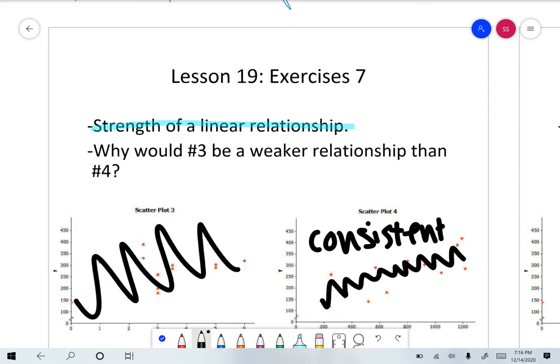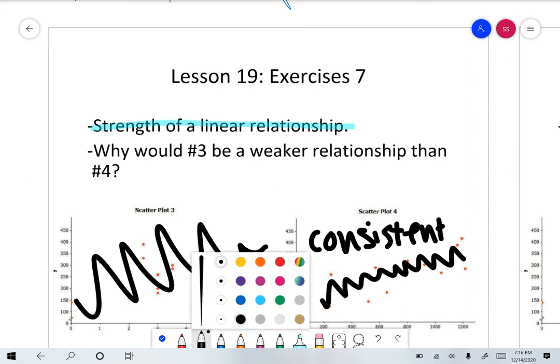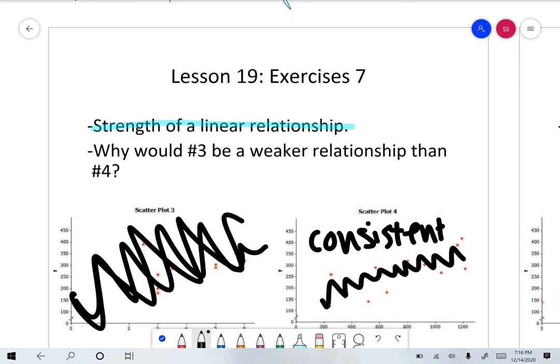Whereas if stuff is more spread out and random, it's not going to be very helpful. It'd be like if there's a claim that if you eat chocolate before a test, your test scores are going to be better. If the data was all over the place like this, we wouldn't really want to trust that data. However, if the data was closer and a lot more consistent, it'd be a lot more trustworthy data.